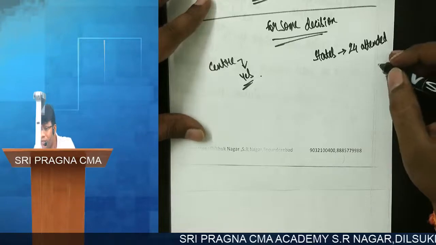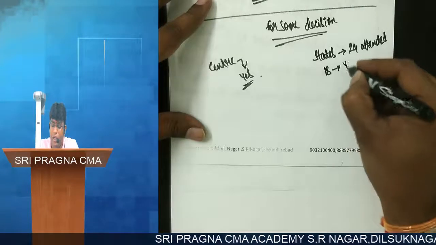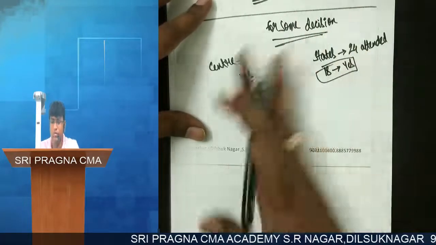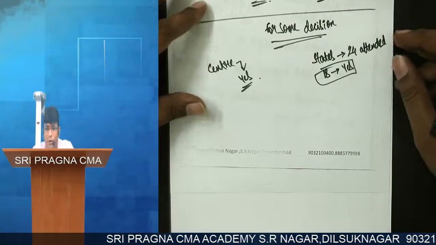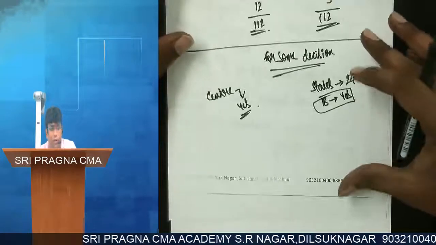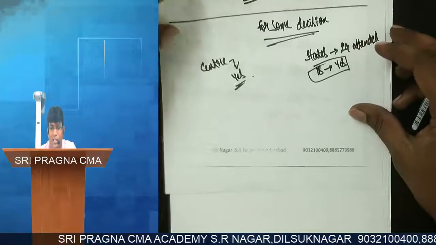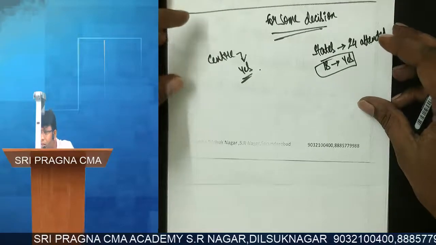How many attended? 18 told yes. You got what I am writing? 24 state representatives came for a meeting. When 24 representatives have come and center also has come, quorum is present, meeting is valid.